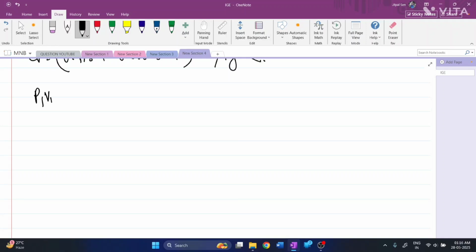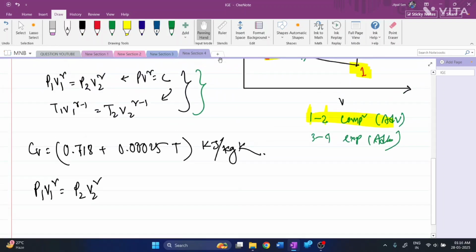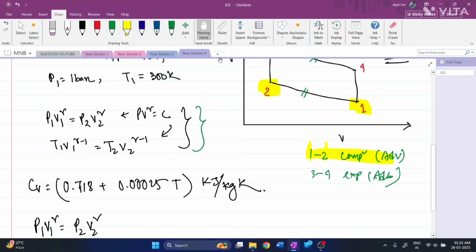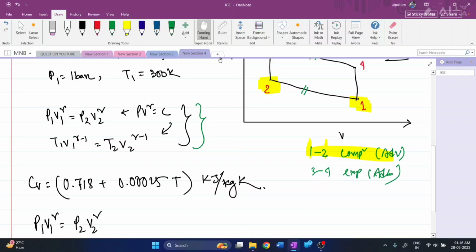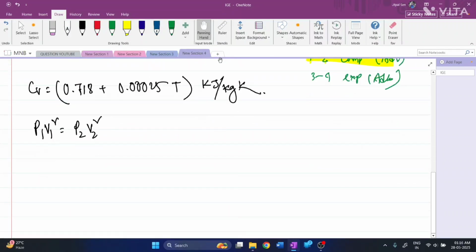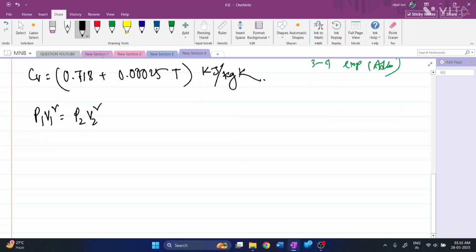So we have P1 V1 to the power gamma equal to P2 V2 to the power gamma. At point 2 the compression ends, so at point 2 we have to find the pressure and temperature. From this, P2 is equal to P1 into V1 by V2 to the power gamma.